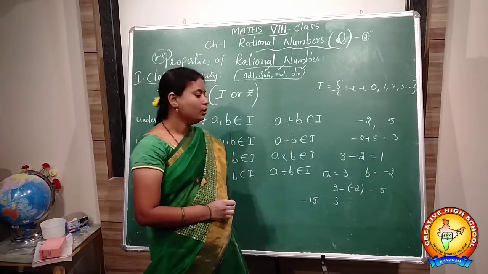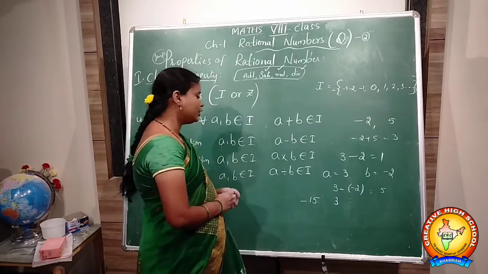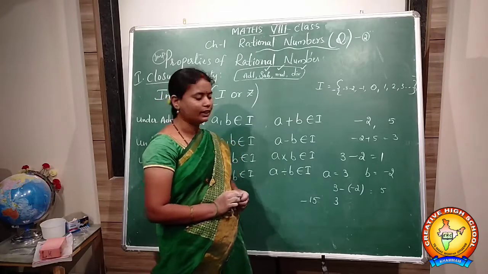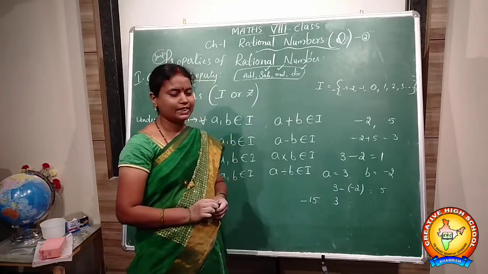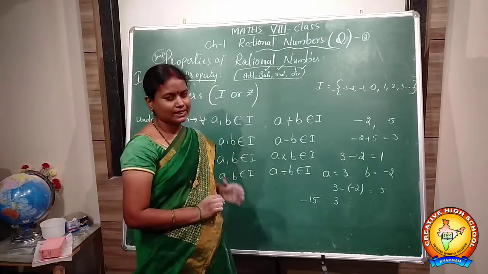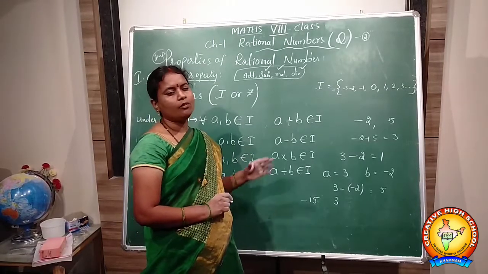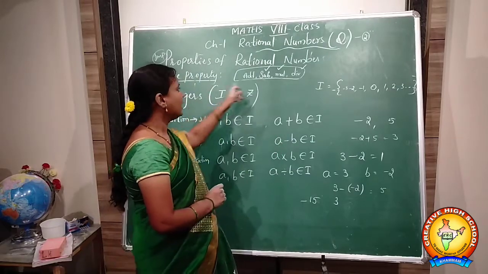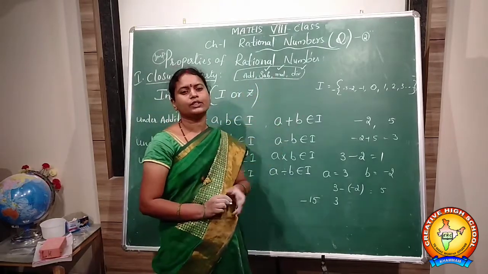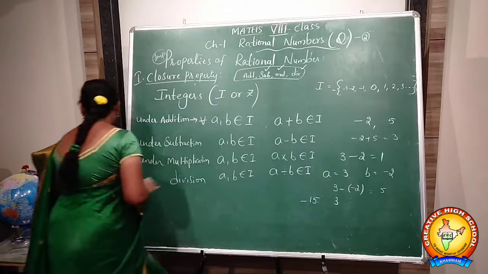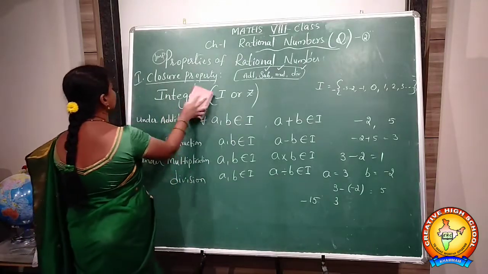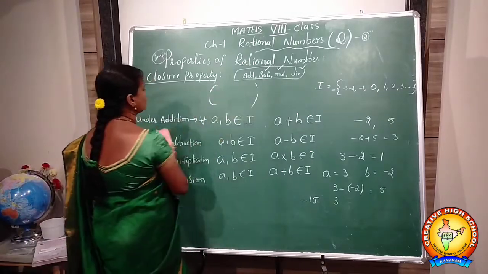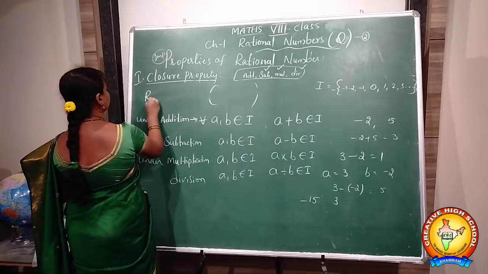So when we divide two integers, we won't always get an integer, not in all conditions. I hope you understand the closure property of whole numbers and integers under addition, subtraction, multiplication and division. What you have to do is apply the same property to rational numbers also.